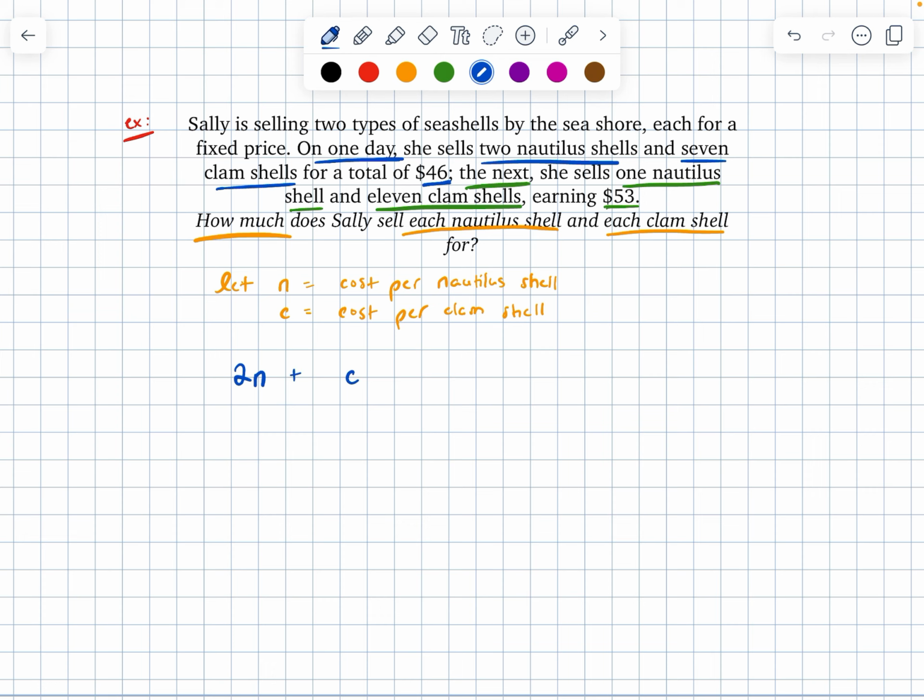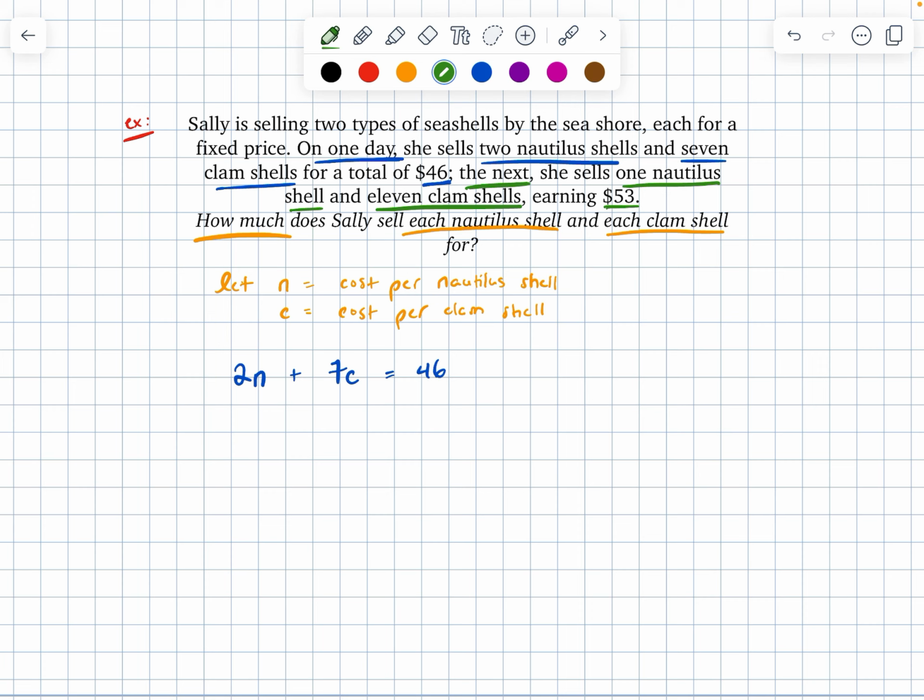Same idea for clam shells. If I take the cost of each shell and multiply it by the number of shells that I sell, that gives me the total amount from clam shells. And when I add those two together, I should get my grand total of 46.